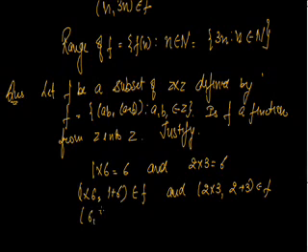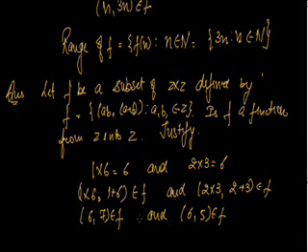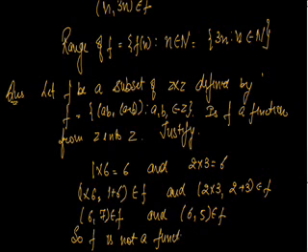This gives (6, 7) belongs to f, and from this we get (6, 5) belongs to f. So as we see, 6 is related to 7 and also 6 is related to 5. So f is not a function. F is not a function from Z to Z.